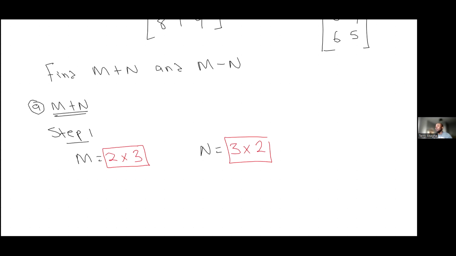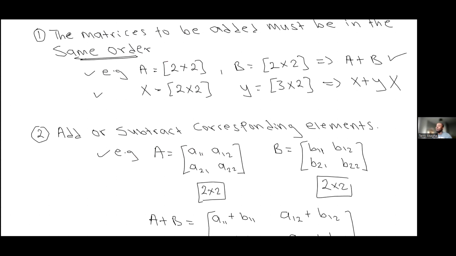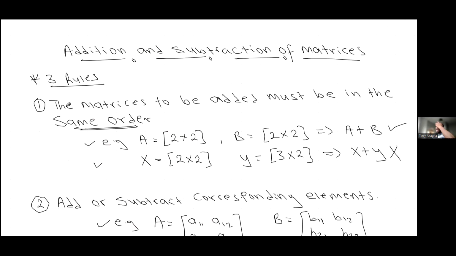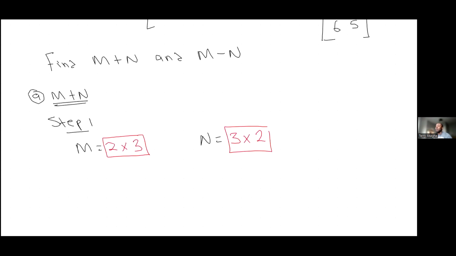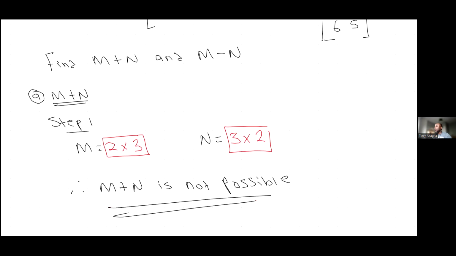So remember, I told you that for you to add, they have to be in the same order. So remember, I told you in the steps that before you do, they have to be in the same order, right? But now when you look at it, m is a 2 by 3, and n is a 3 by 2. So therefore, m plus n not possible. And that is the solution. Are you seeing it? So the same thing you do for the m minus n.